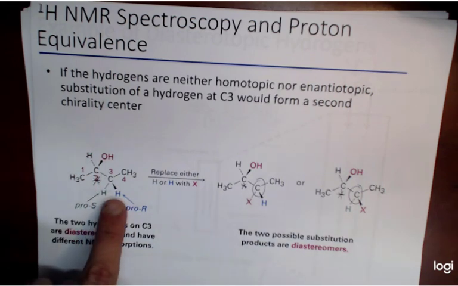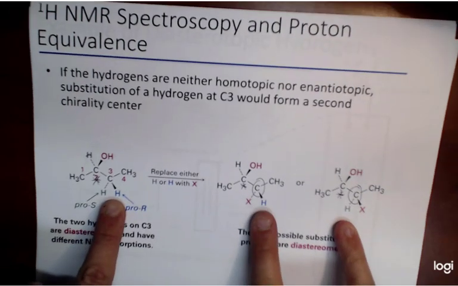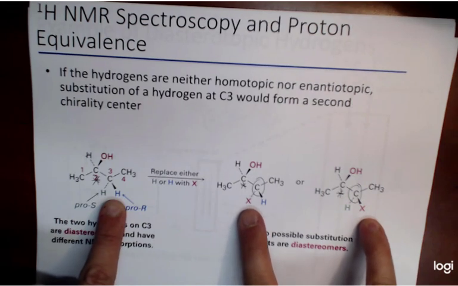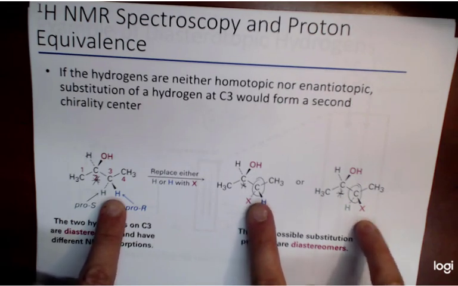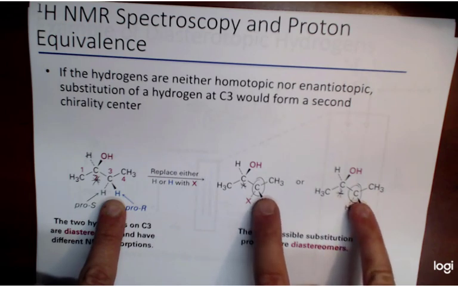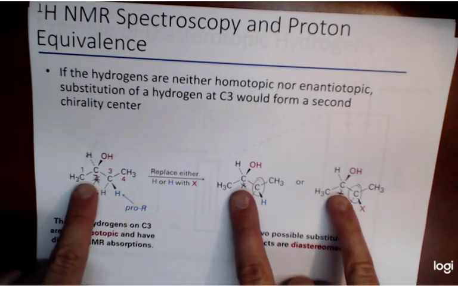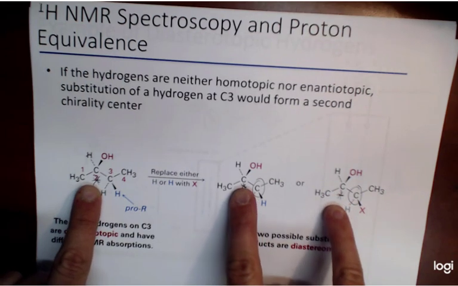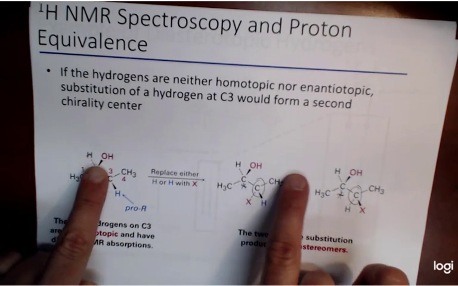And so when we look at the carbon 3 position with these two hydrogens, we now see that if we were to swap those with X, whether it's a chlorine, a bromine, whatever, we have created a new chiral center, where the first chiral center, the one at C2, didn't change, wedge, wedge, wedge.